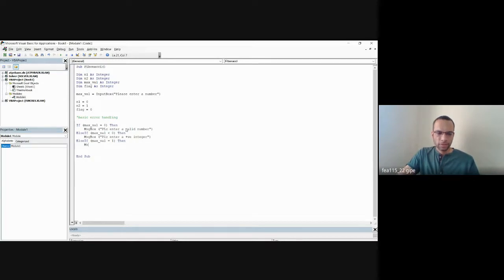Then I have a message box which says, Fibonacci sequence is, and here in Python we have a comma for that. Here a comma doesn't exist. We need to have the ampersand, which we call the concatenation operator. So ampersand max val.